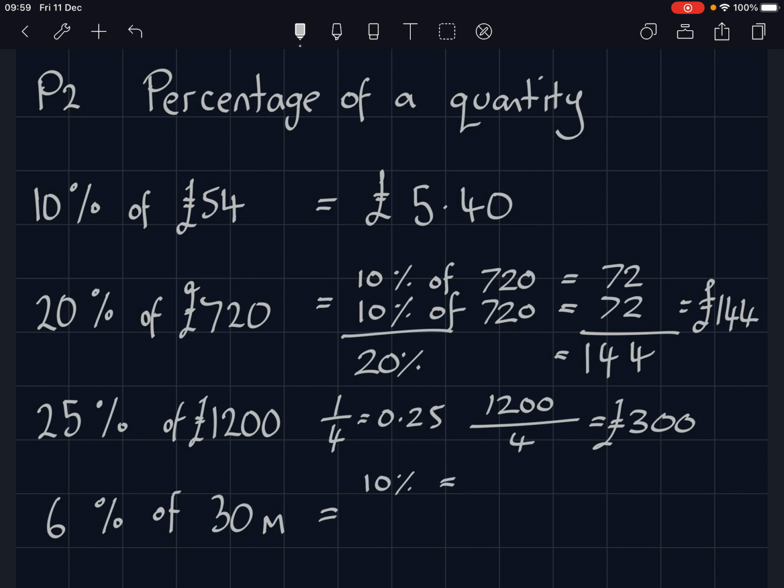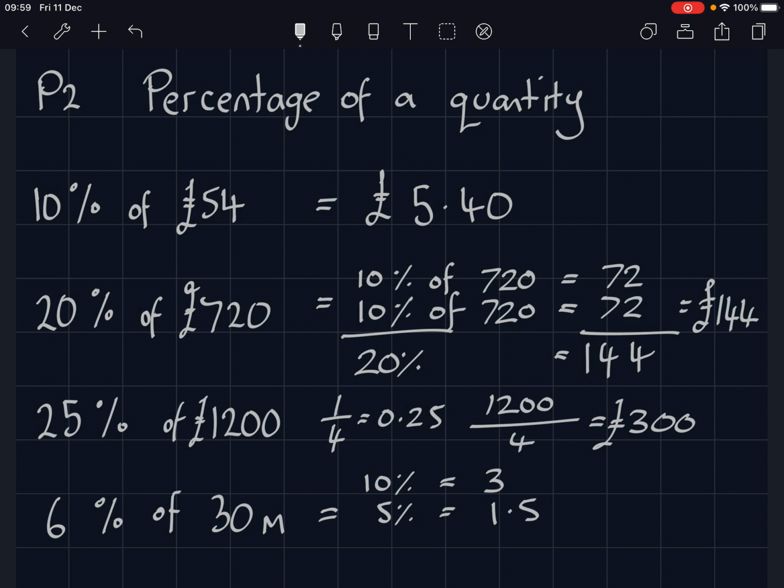So 10% of 30 is 3, and that will help us to get 5%. So 5% of 3, so we have to half it. So half of 3, think of your money, half of £3 is £1.50, so 1.5.